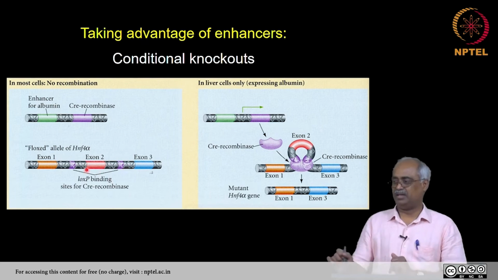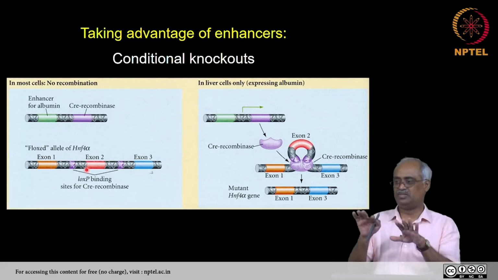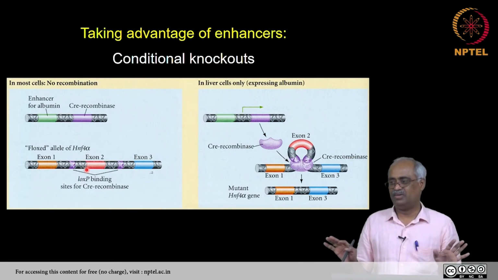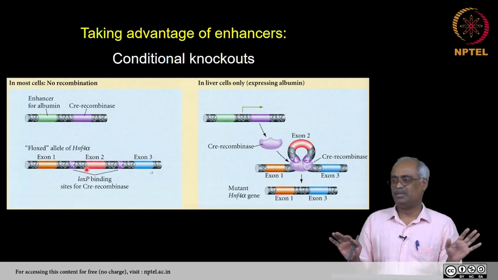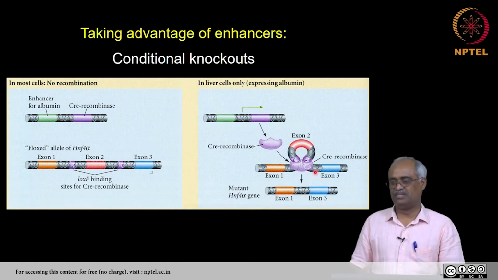So, this is a line, a mouse strain, so this sequence is there in the genome of all the cells. We already know genome equivalence, and that does not matter. Only in the liver, where you have the Cre recombinase, the LOXP site will be recognized and it will treat the sequence in between like a bacteriophage genome and excise it out, and then you will not have exon 2.